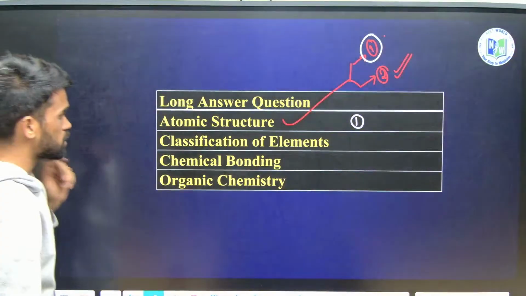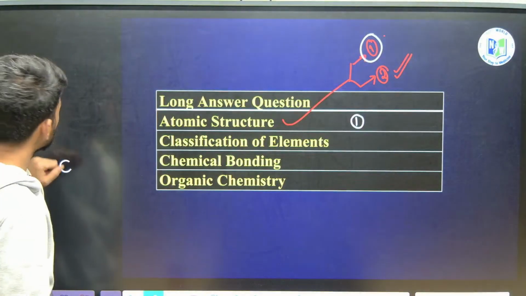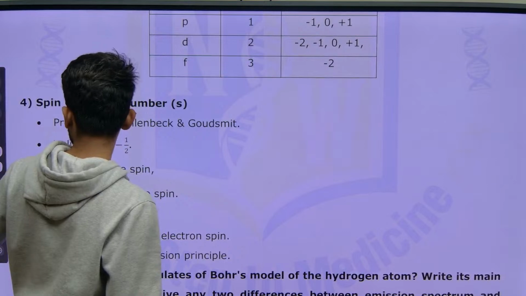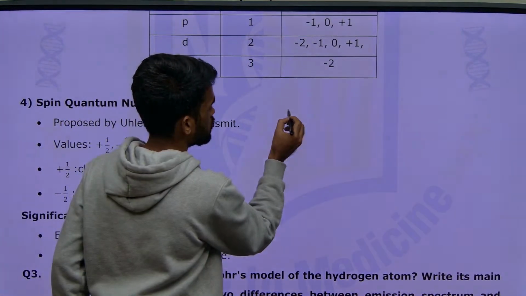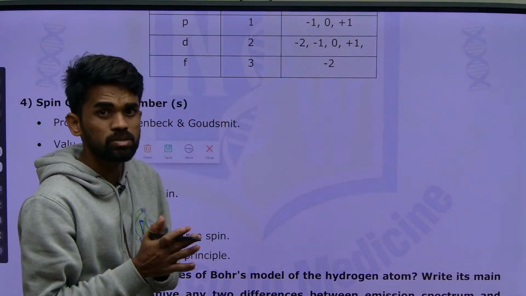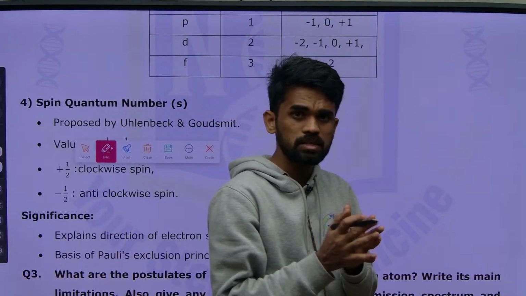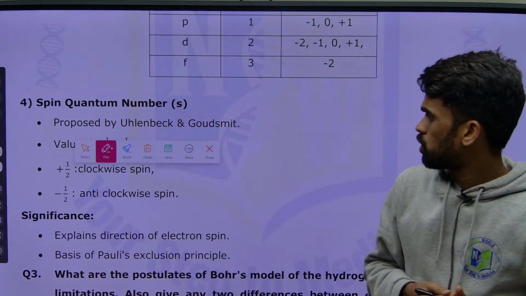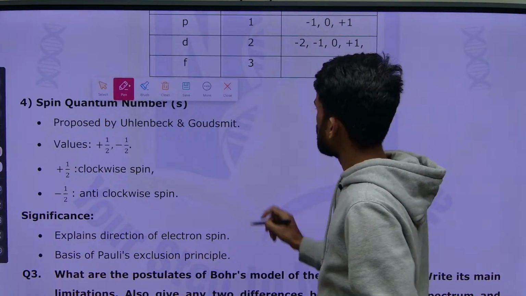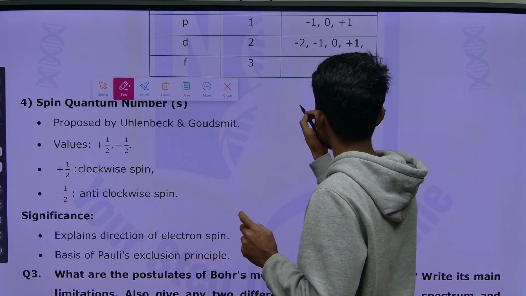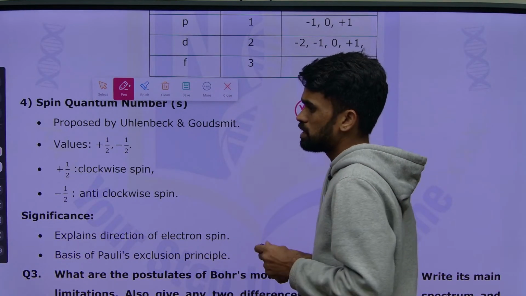So what we have discussed till now, I just gave the discussion on quantum numbers. So what is the use of quantum numbers? It gives the exact address, the position of the electron. The first quantum number is the principal quantum number, indicated with the symbol n.